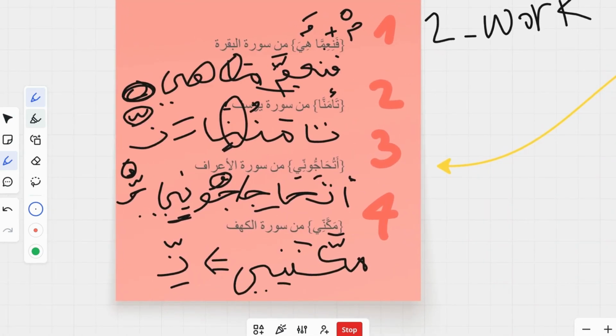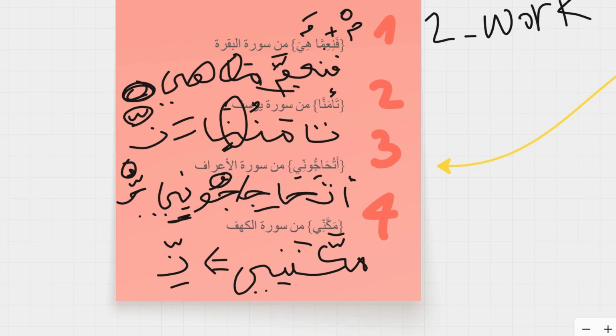You can tell why we call them fixed assimilations, because in the Quran, if you hold your mushaf, I don't know if it's the same case with Hafs, I think it is the same case. If you hold your mushaf and you try to read, you're going to find them with their fixed assimilations. Why?